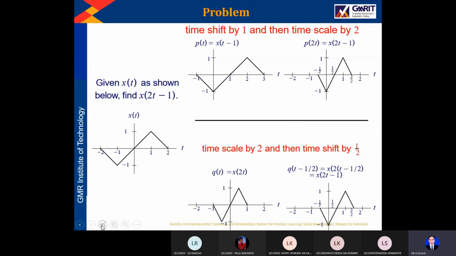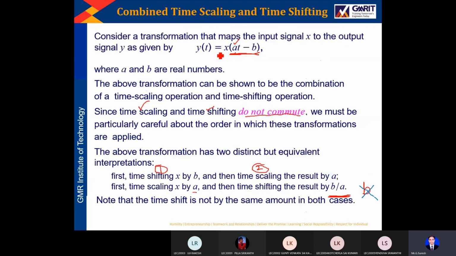Yeah. So here the x of t given to us is this one, which extends from -2 to +2. The question given to us is find x of 2t minus 1. It is in the form of x of at minus b.